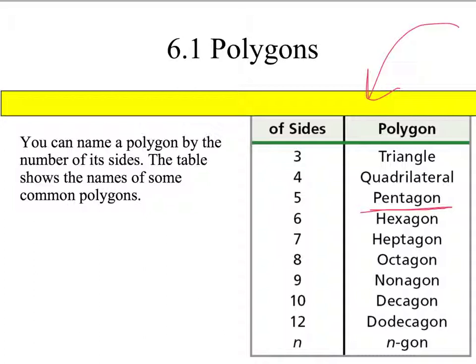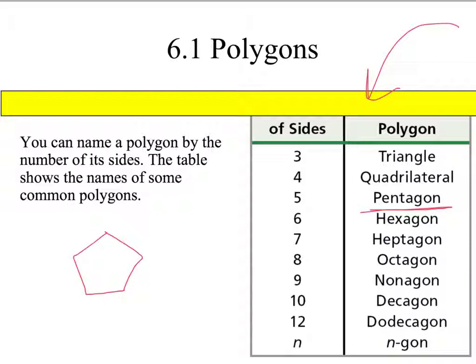All right, so if we look at polygons labeled by their sides, triangles, of course, are going to be three sides. Quadrilaterals are going to be four. Pentagons, five, and so on and so forth. However, notice the previous example, the one that you had in your notes, is not a perfect pentagon. It is a pentagon, but we know pentagons that look like this.